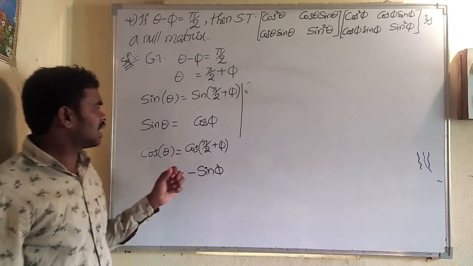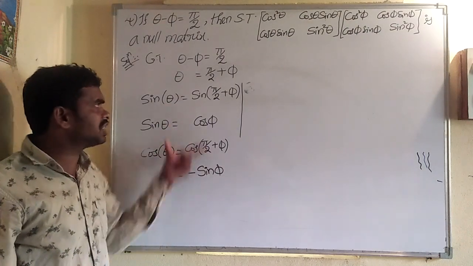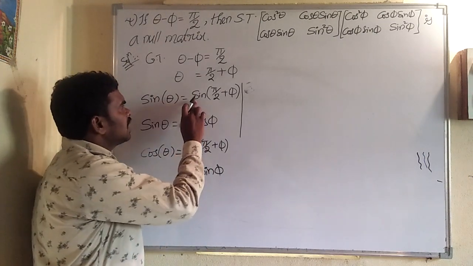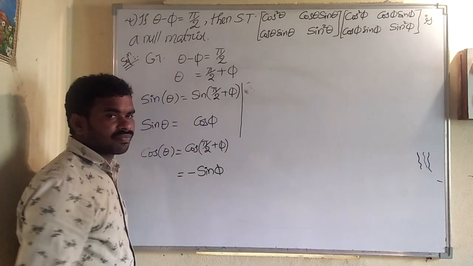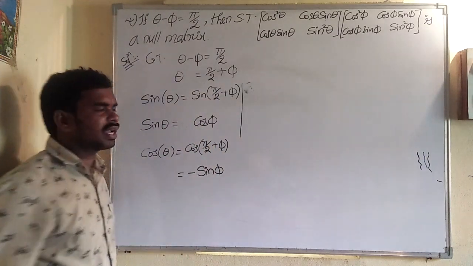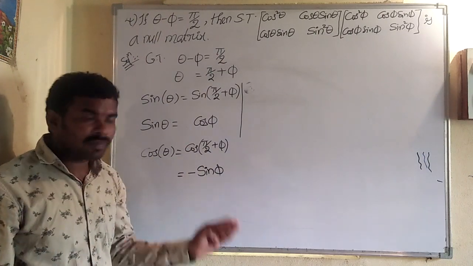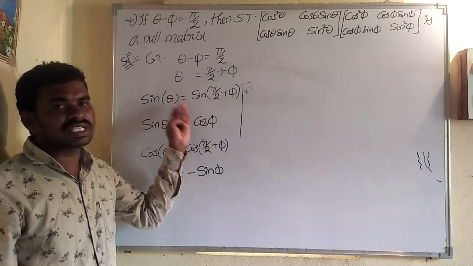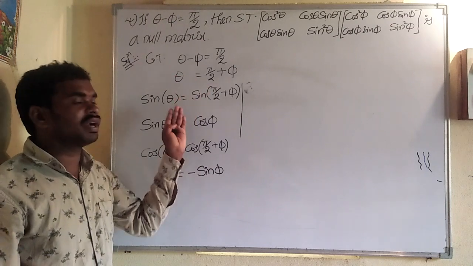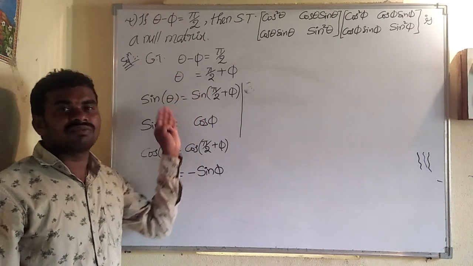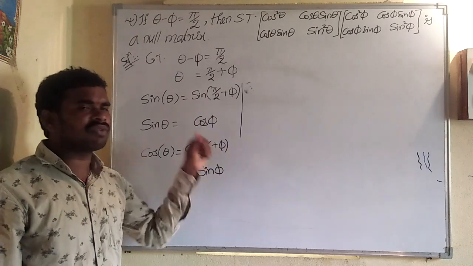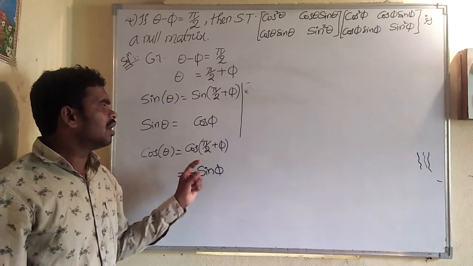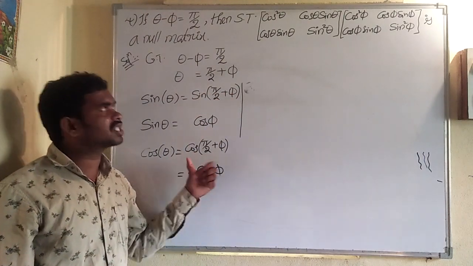We will give a clear explanation of these ratios in trigonometry. For now, just remember that sin of 90 plus phi is cos phi, and cos of 90 plus phi is minus sin phi. In trigonometry you will learn in detail the sin of 90 plus and 90 minus, 180 plus or 180 minus, 270 plus and 270 minus; everything you will find in trigonometric ratios. For this question, remember sin of 90 plus phi is cos phi, cos of 90 plus phi is minus sin phi.